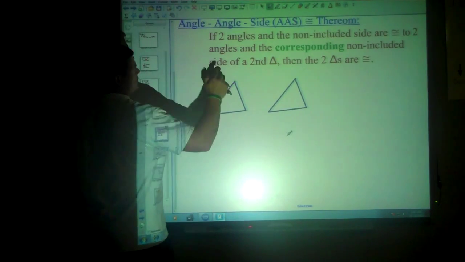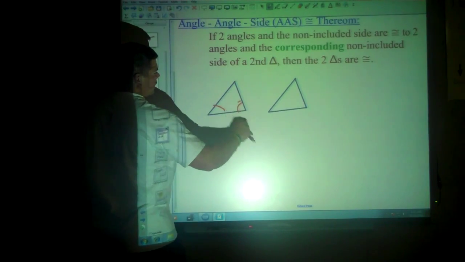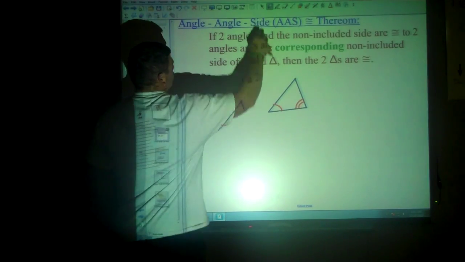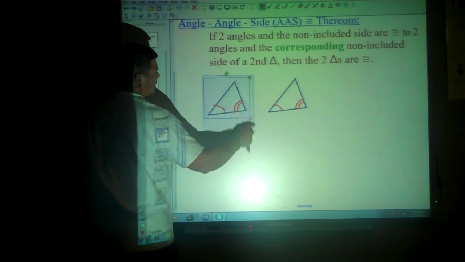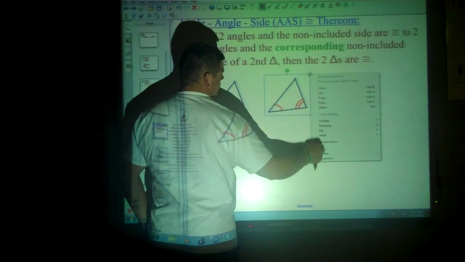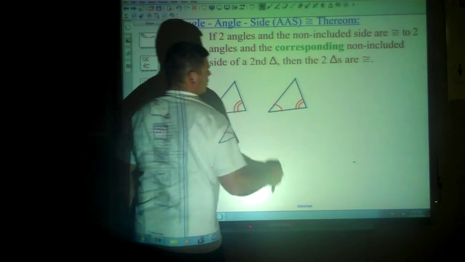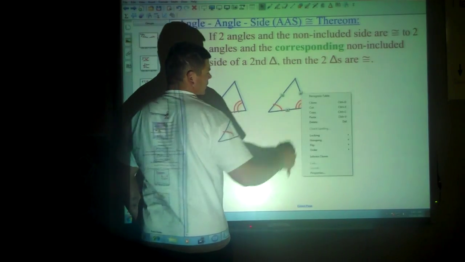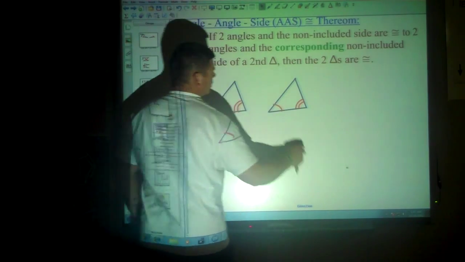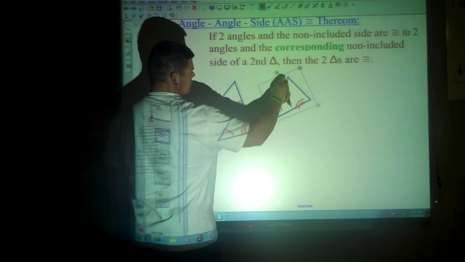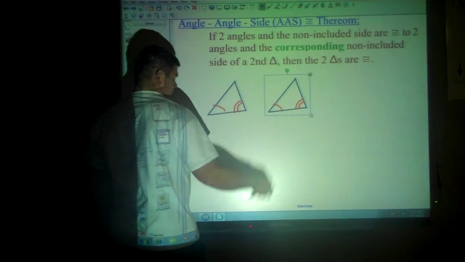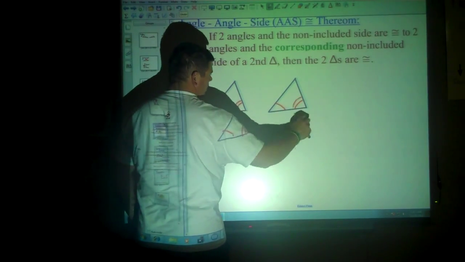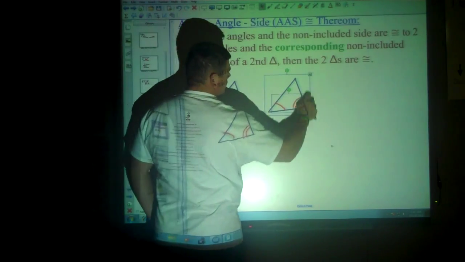What this is saying is, if you have an angle and another angle that match up, and then a corresponding non-included side. Okay, so I'm going to twist this up a little bit. Apparently it didn't group. Okay, should work now.